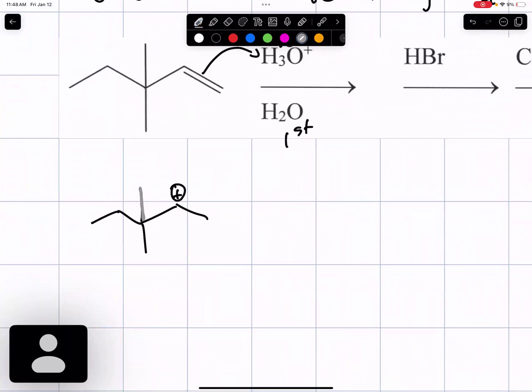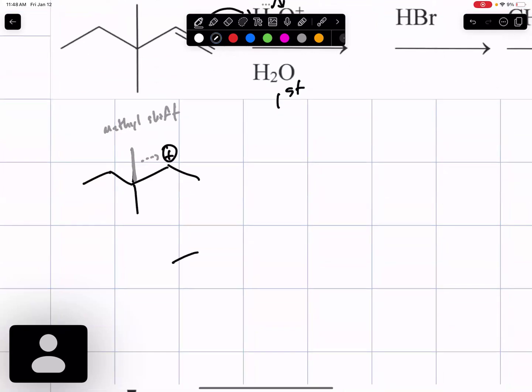And now we have something which we call, I'm going to put this carbon now in gray. This carbon, or technically this methyl, is now moving here. This is what we call a methyl shift, right? This methyl shift now produces this molecule. And why is this molecule better?